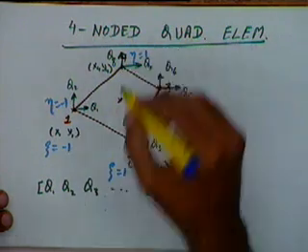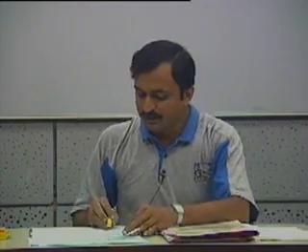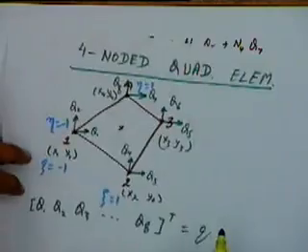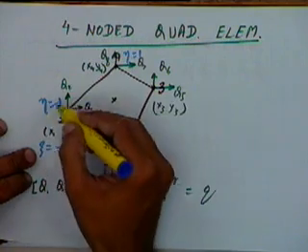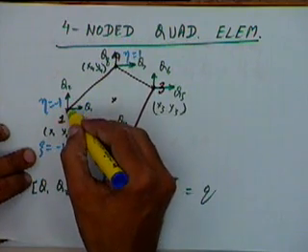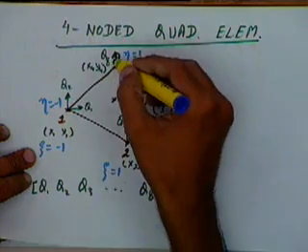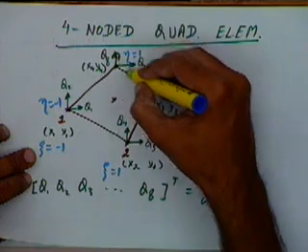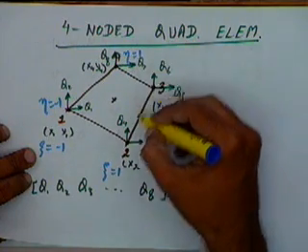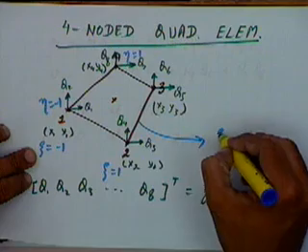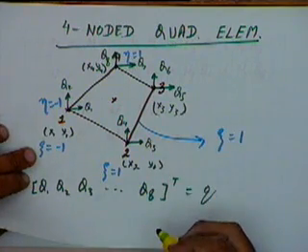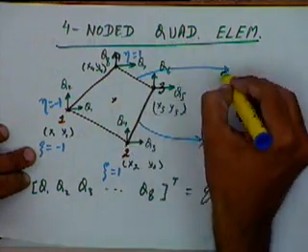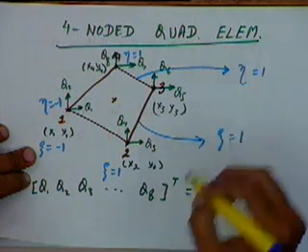Okay, and if we look at this local coordinate system, then n1 has to be 1 at node 1. That means at zeta and eta values of minus 1 and minus 1, n1 should be 1 and it should be 0 at all the other 3 nodes. If I consider this line and this line, this line has an equation given by zeta equal to 1, and this line has an equation given by eta equal to 1.